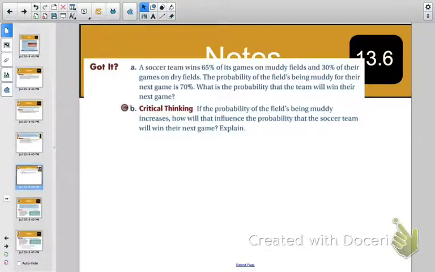What is the probability the team will win their next game? Okay, so the field is either muddy or not muddy. So there's a 70% chance that it's muddy. And if it's muddy, we know that there is a 65% chance they will win. So this is the muddy win.